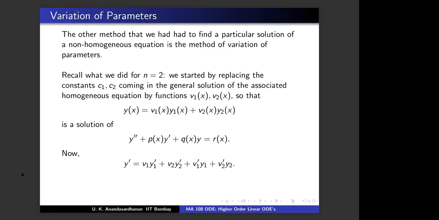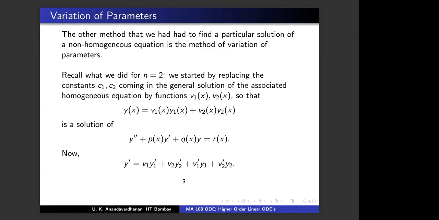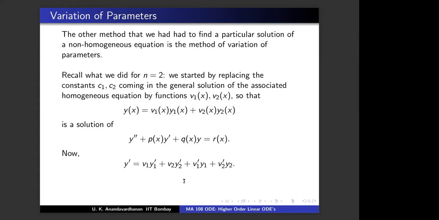What was the most important next step? Assuming V1 prime y1 plus V2 prime y2 is 0. Was your assumption V1 prime y1 plus V2 prime y2 is 0, or V1 y1 prime plus V2 y2 prime is 0?